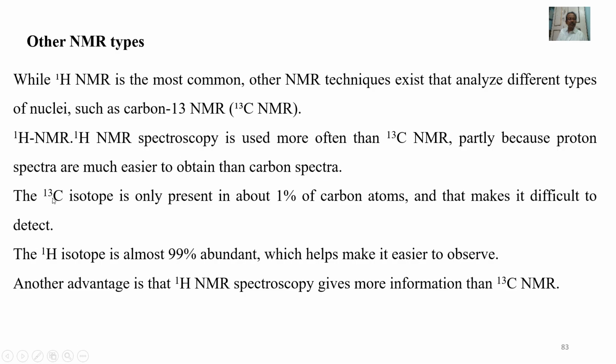The carbon-13 isotope is only present in about 1% of carbon atoms, and that makes it difficult to detect, whereas the proton isotope is almost 99% abundant, which makes it easier to observe. Another advantage is that proton NMR spectroscopy gives more information than carbon NMR.